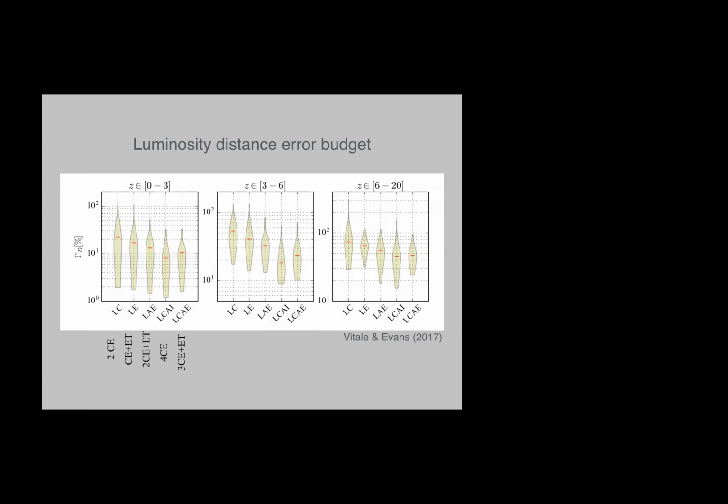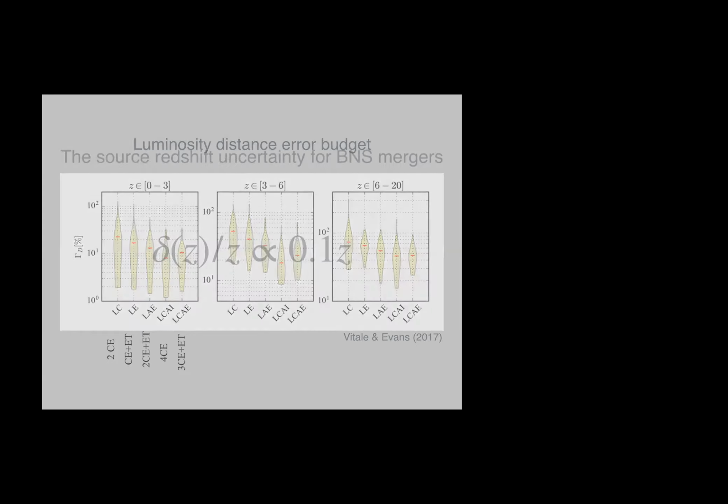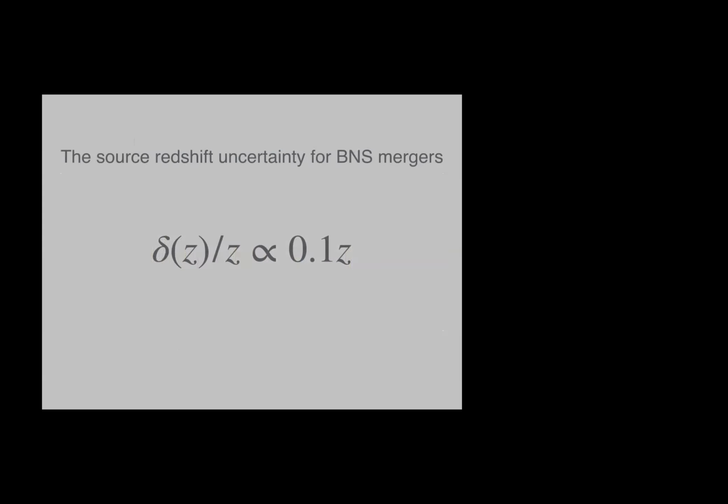Now, if you unfold this for binary neutron stars, then you get a relationship for distance uncertainty, based on simulations, where the fractional uncertainty grows with redshift. So basically, the uncertainty goes as z squared. So it really blows up easily.